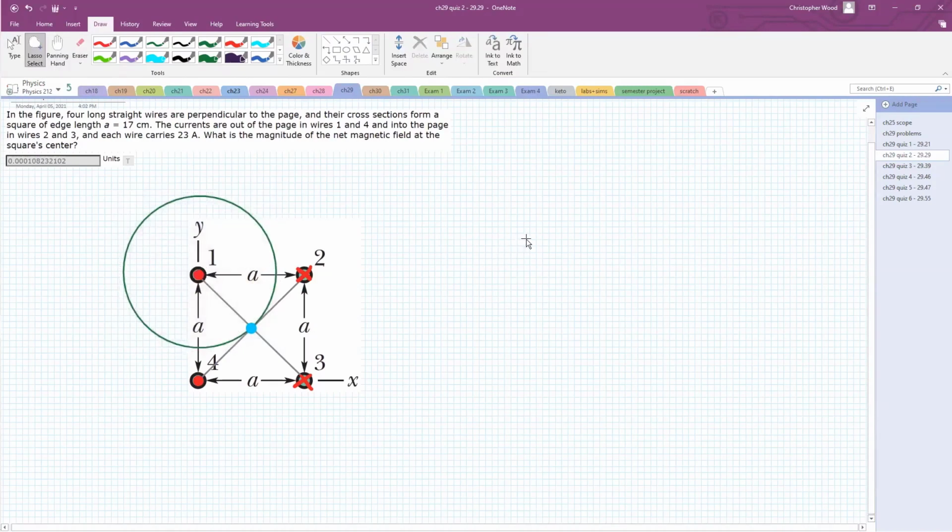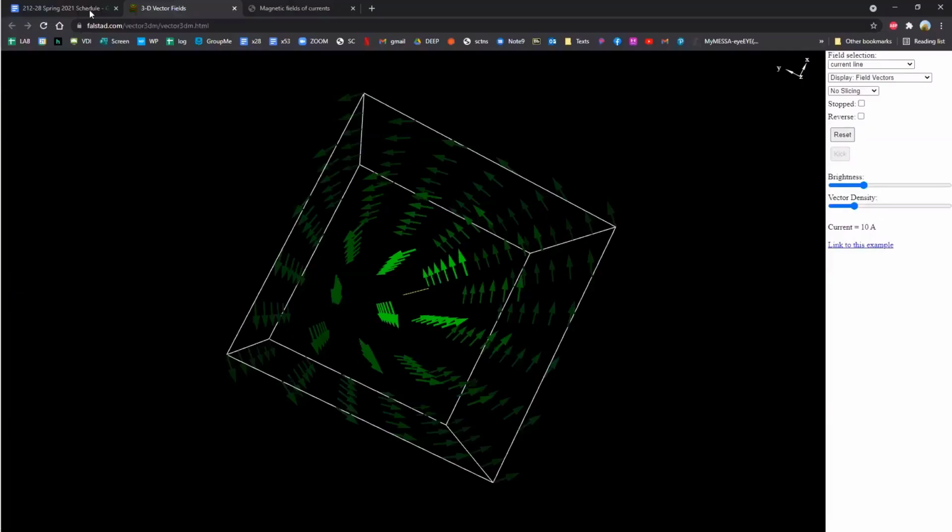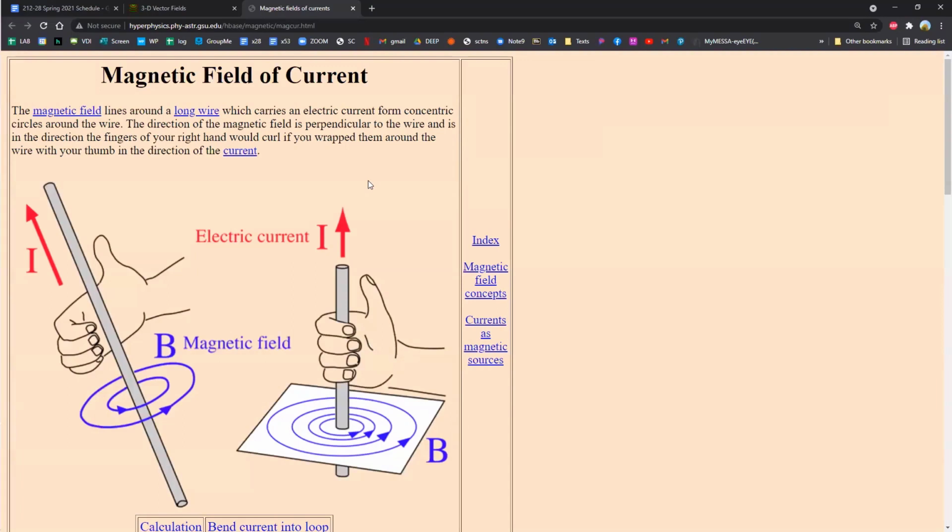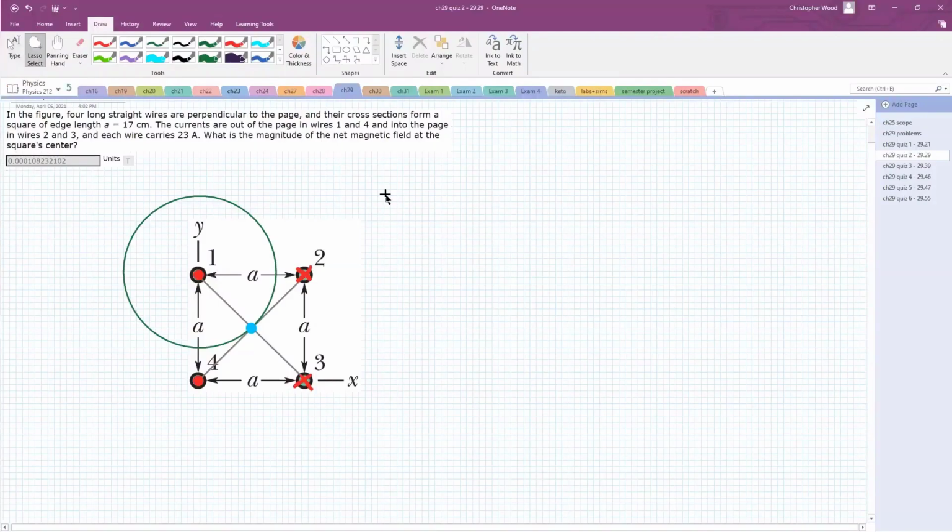Perfect enough. Okay, so what about the direction? Again, if you're using this pop can right hand rule right here, your thumb points in the direction of the current flow, which is out of the page, and your fingers are showing the direction of the magnetic field line. So all along this green circle, I'm going to draw arrows that look like this, because that's what my pop can right hand rule indicates.